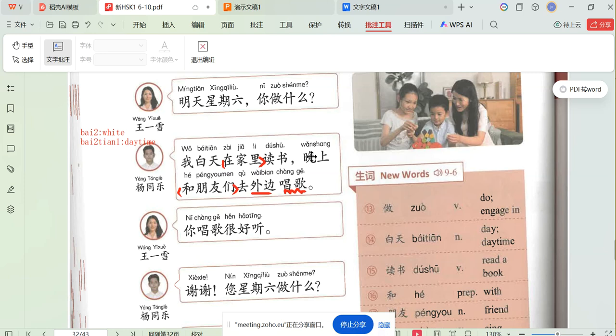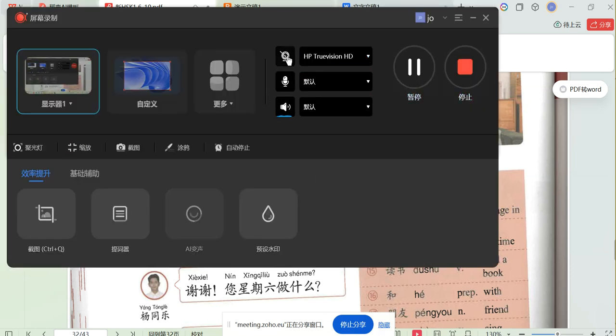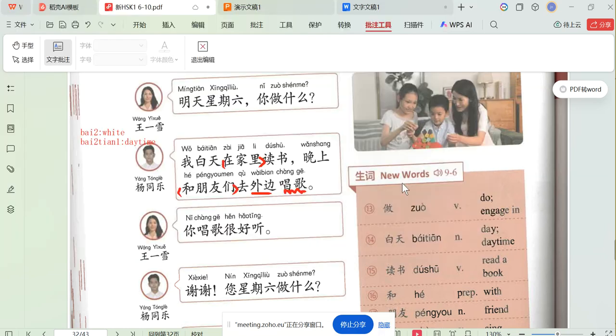Can you see my whiteboard? Yes. 早上. Then we come to late morning, 上午. Right? How do we say noon?